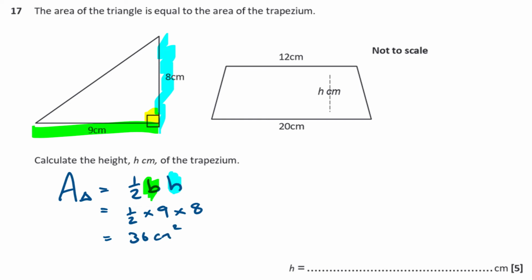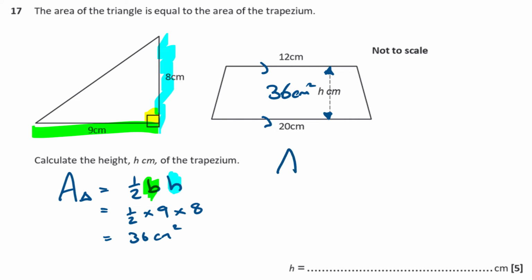Okay, so that means if they are the same, then this trapezium has an area of 36 centimeters squared as well. We know the two parallel sides. This is parallel to this one, isn't it? What we want to know is the distance between the top and the bottom of this trapezium.